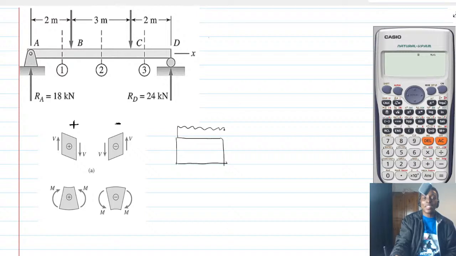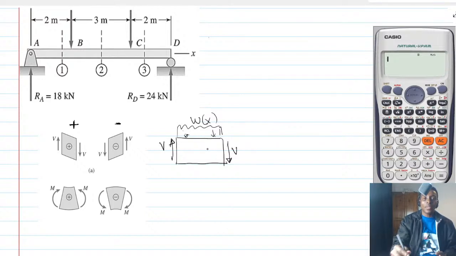Whenever you have a section W of X, alright, W of X can be any distribution of force at all, right? If you take a section like this, the shear force, which is in positive shear, will be V, and this will also be V, alright?